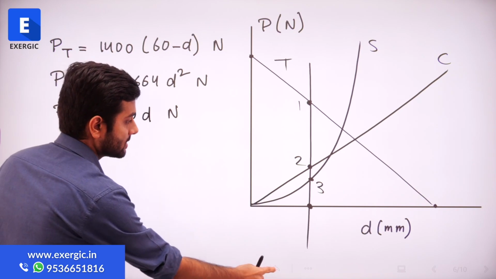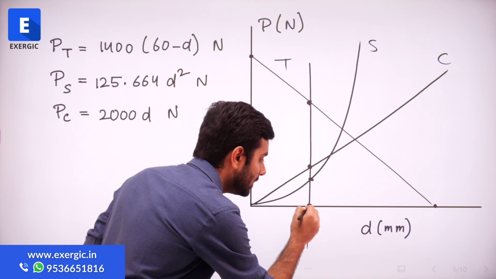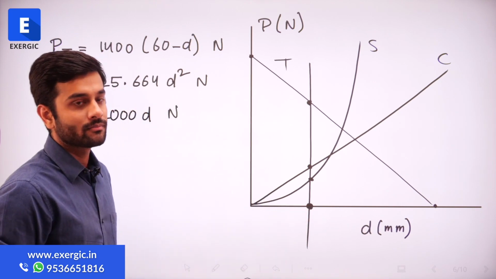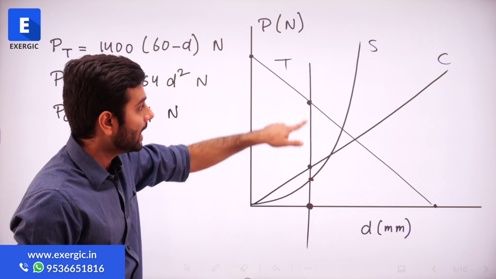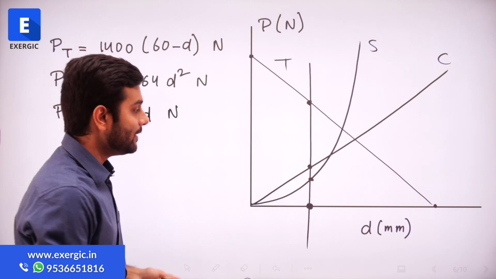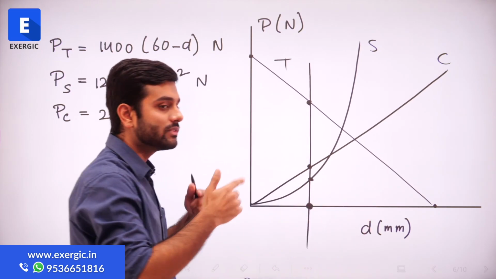The issue here is, in this case, what is the issue? The issue is that for this value of diameter, shear is least, PS is least, and PT is maximum. But if you keep on increasing the value of diameter, things will change.